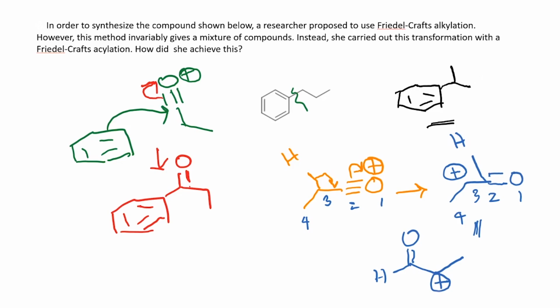We know that the carbonyl group is an electron withdrawing group, so this is going to be highly unlikely. Therefore, rearrangement of the acylium cation once it is formed is extremely unlikely, which is why the acylation reaction is more predictable.